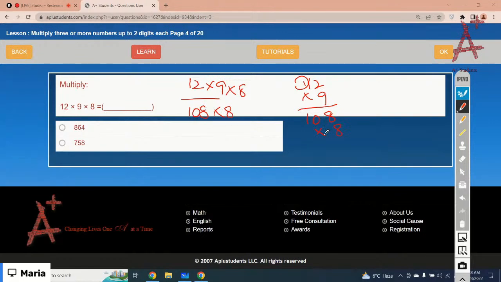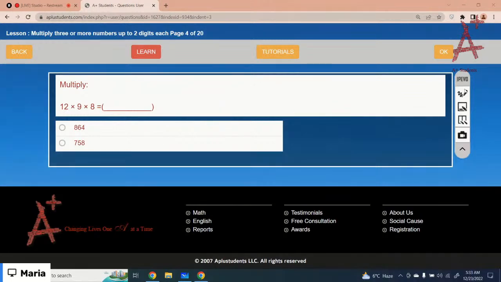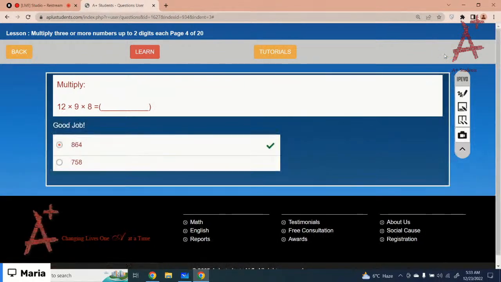Just multiply it with 8. 8 times 8 is 64. 4 and carry 6. 8 times 0 is 0 and 6. 8 times 1 is 8. So it is 864. Got it? The correct option is 864. So just select the correct option and then click on the OK button. Got it?